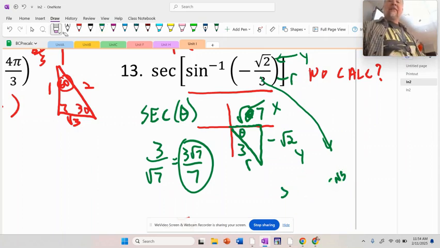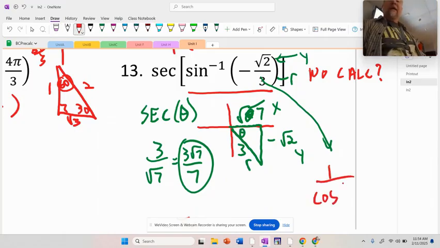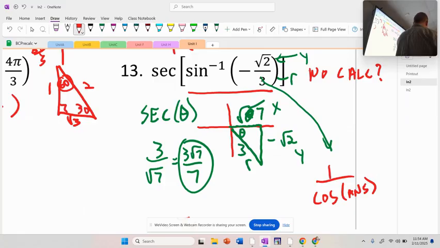I'd have to cosine it, then flip the answer. So it'd be 1 over cosine of this answer, because I don't have a secant button, right? That's what cosine is in terms of secant. But then you get the decimal, not the exact. So that's the problem there.